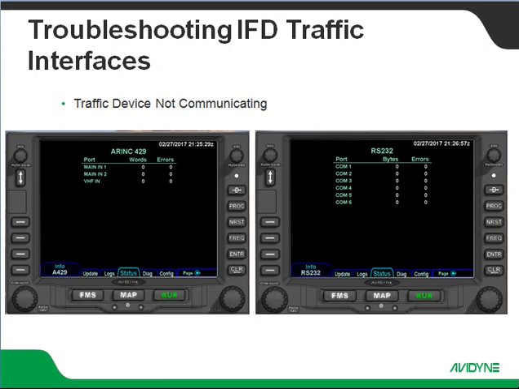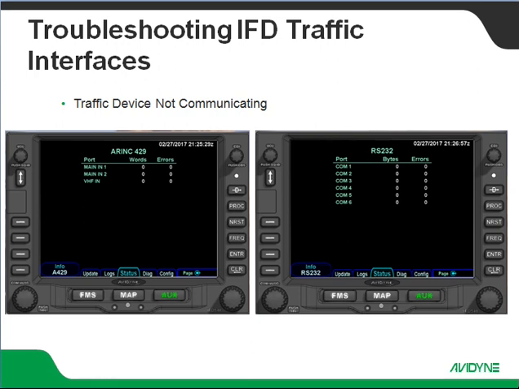So, to jump right in, depending on what traffic device it is, the traffic data is either going to be coming across via ARINC 429 or RS-232. So definitely want to take the time to discuss these two particular pages here in maintenance mode.